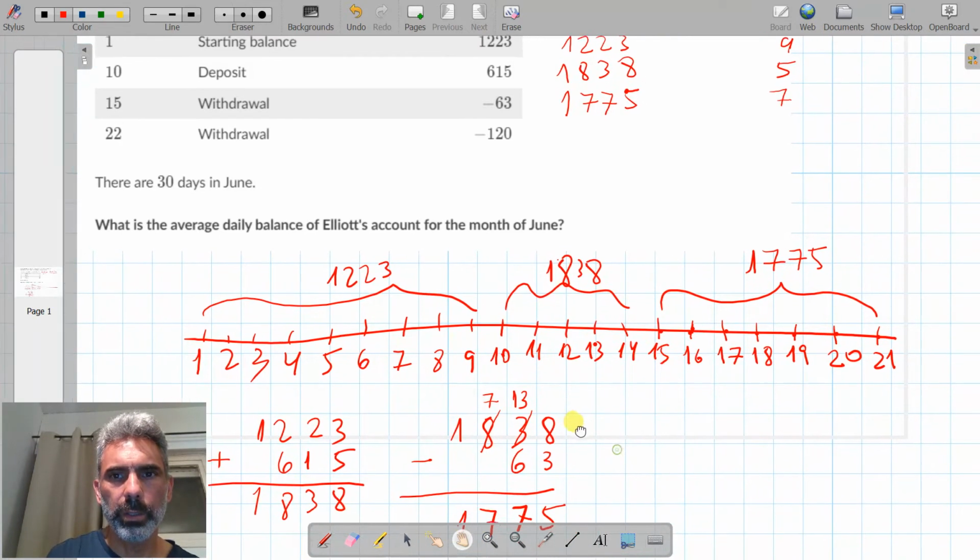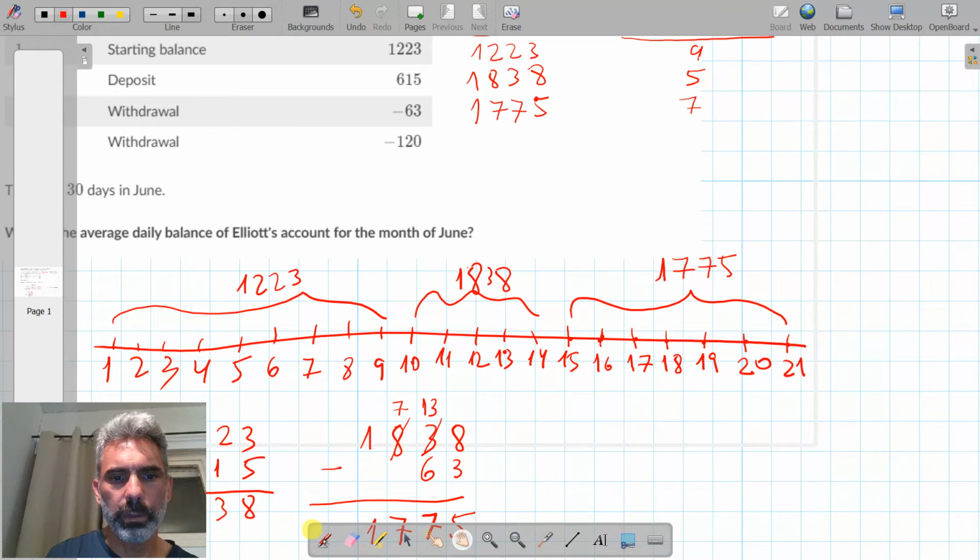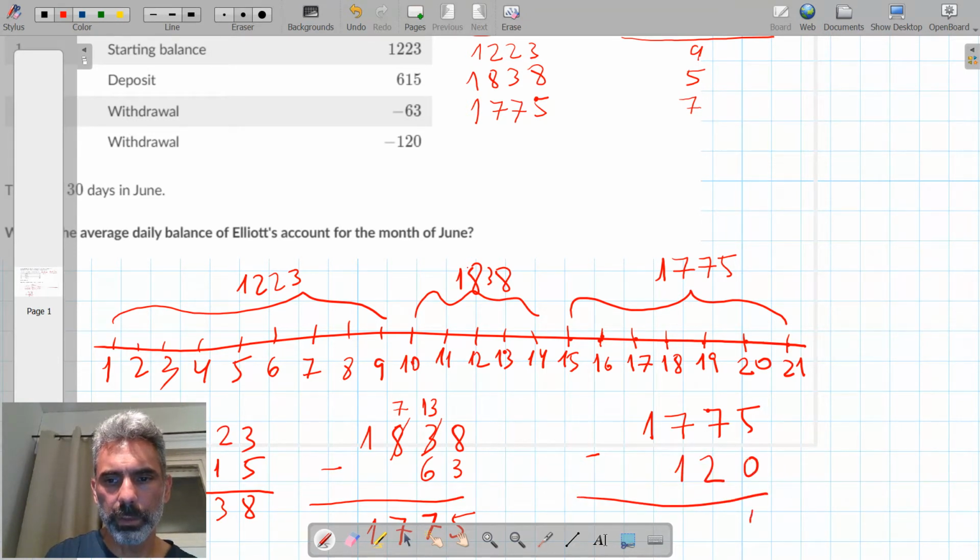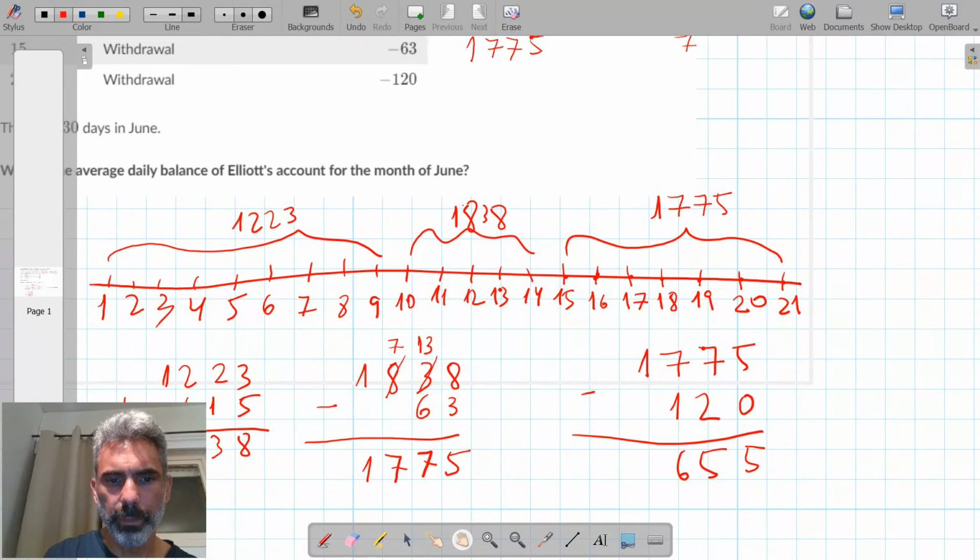Then Elliot withdrew another $120. So 1,775 minus 120. 5 minus 0 is 5, 7 minus 2 is 5, 7 minus 1 is 6, and 1 minus 0 is 1.